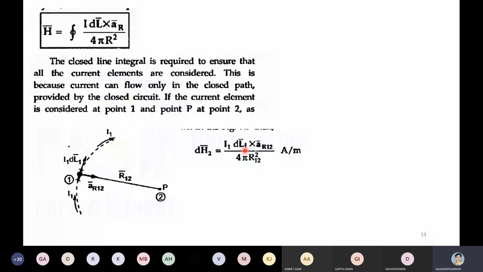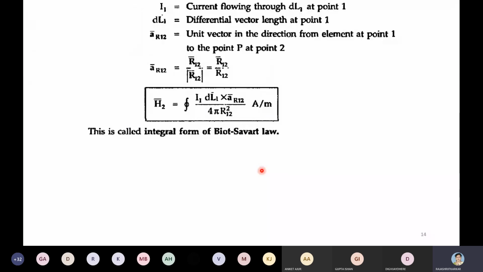Now it has been represented between point 1 and 2, and hence we have written ar12 upon 4 pi R square 12, again the distance between 1 and 2, in ampere per meter, where I1 is the current which is flowing in the dl, the differential current element, dl1 is the length of the current element, and ar12 is a unit vector.